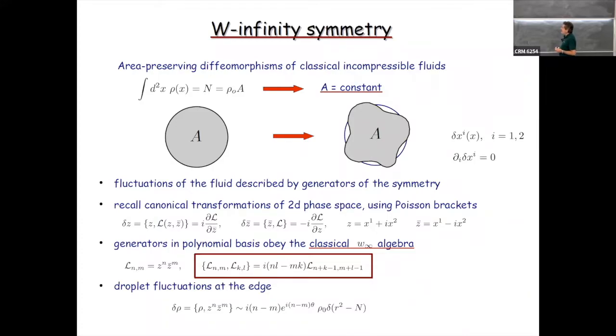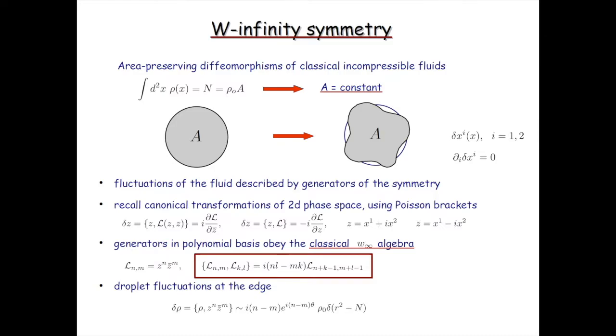So this is a classical algebra, and if I take a span in a polynomial basis of z and z bar, and define the generators as components of this general function, then they obey the so-called little double infinity algebra, which is a classical algebra. Is there a question? No.